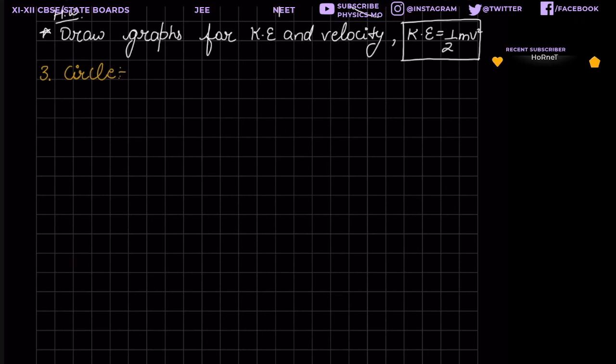What would be the function if you have to draw a circle as a graph? To draw a circle, the equation will look something like x square plus y square is equal to a square. If the function is of this form, then for sure the graph is going to be a circle.